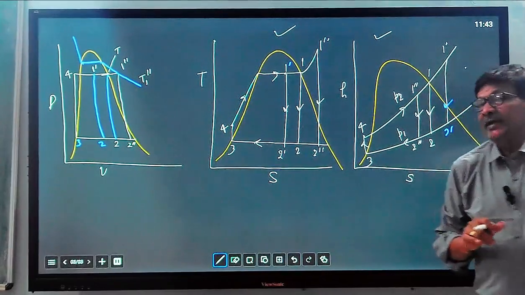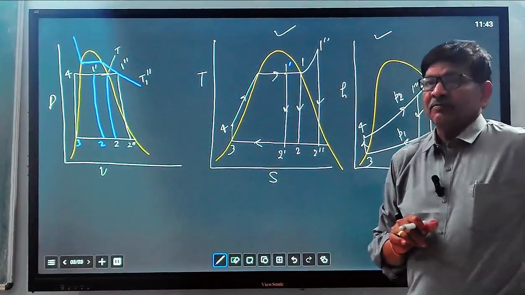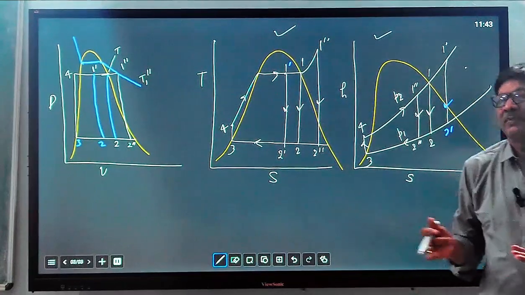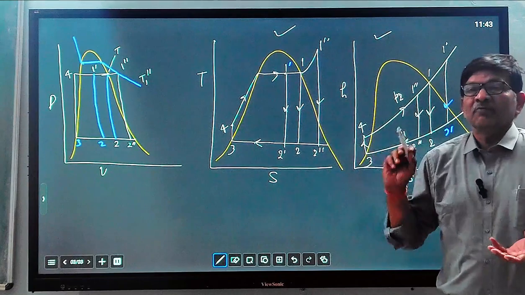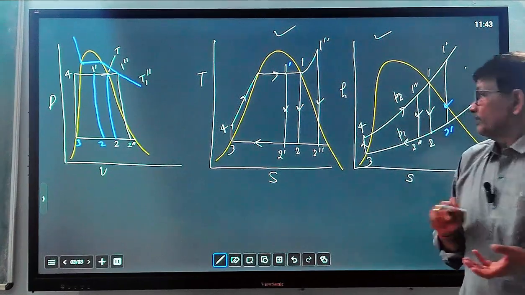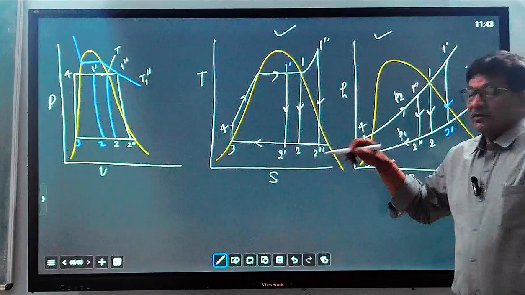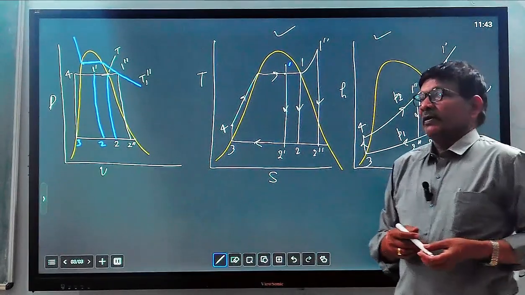This moisture content should not be more than 15%, which means the quality of steam should not fall below 85%. That is a condition on which the steam turbine operates.